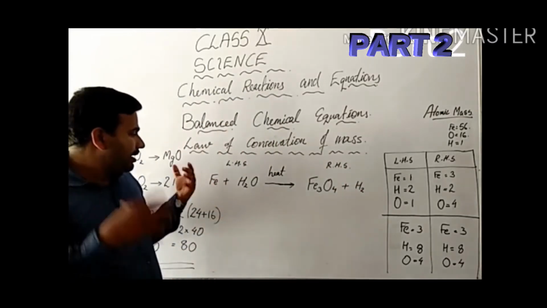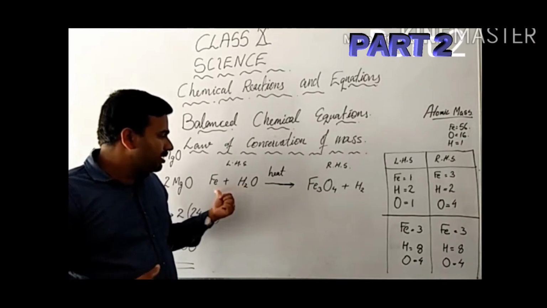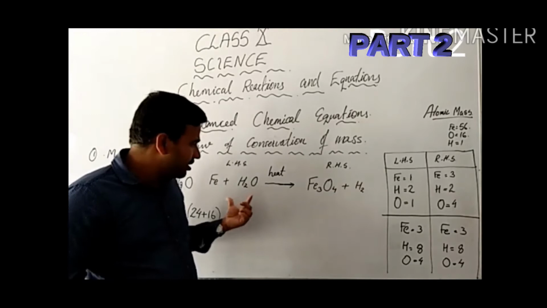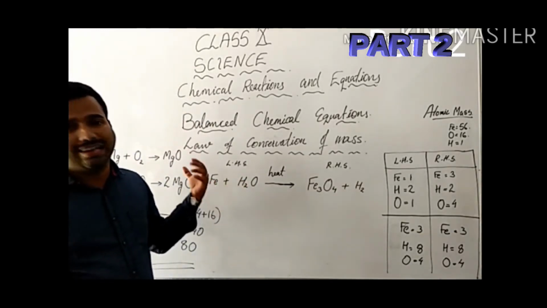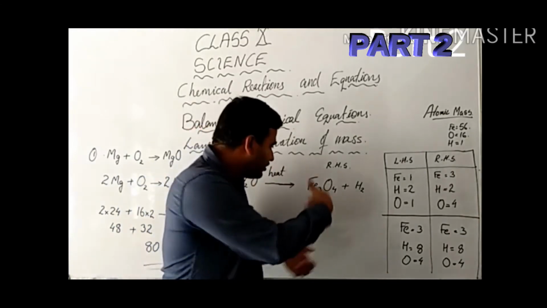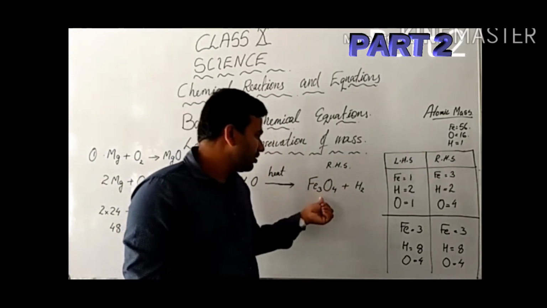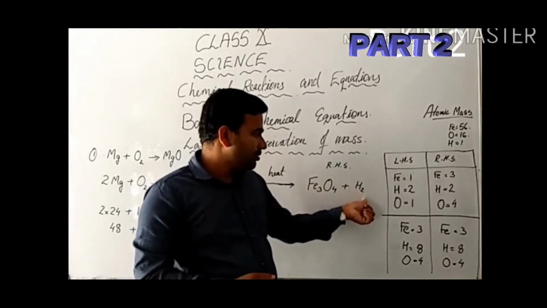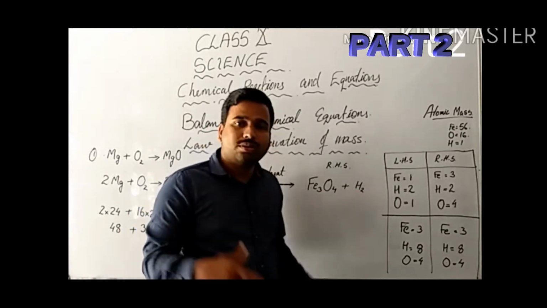For example, listen again: the sum of the mass of the reactants, say 5 gram plus 5 gram, is 10 gram, the total mass of the reactants. Then on the right hand side, the total mass of the products should be, say, 8 plus 2, which is 10 gram.